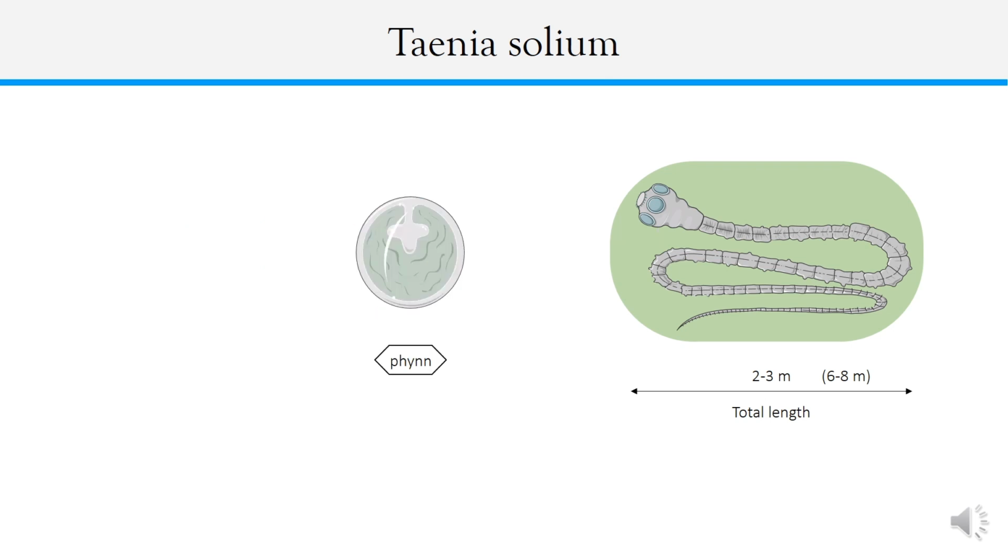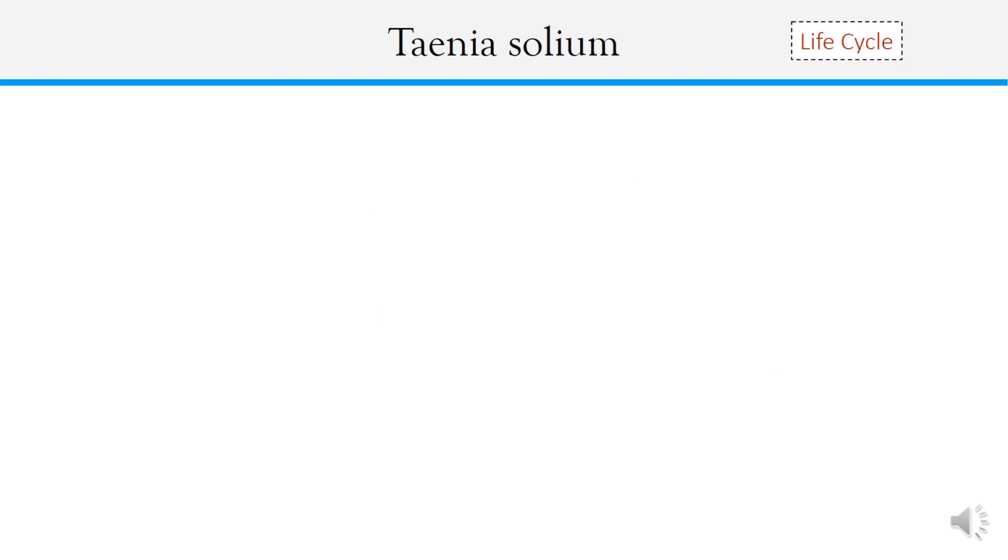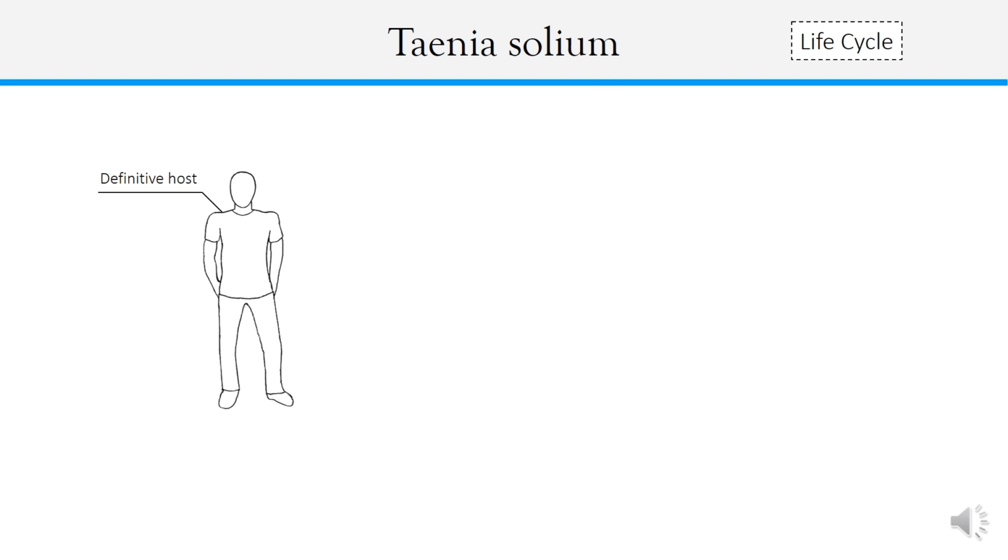Here you may see a schematic illustration of what the fin of this parasite looks like. And the morphological type of this fin is called cysticercus. What about the life cycle of Taenia solium? As mentioned above, the definitive host of Taenia solium is a human.